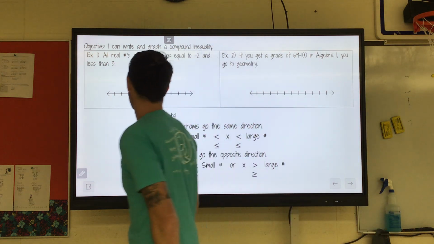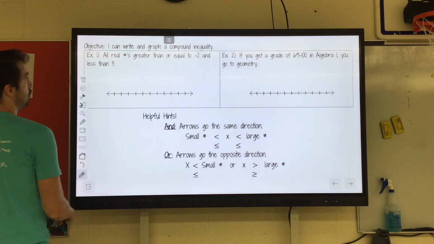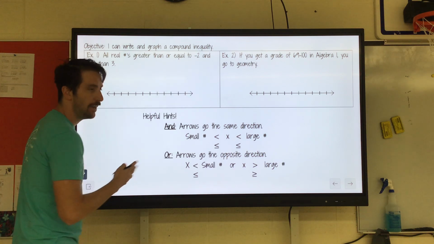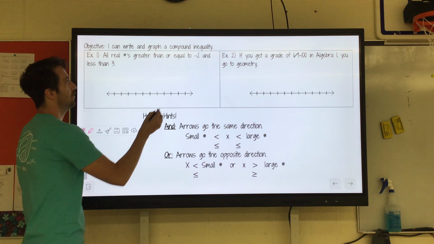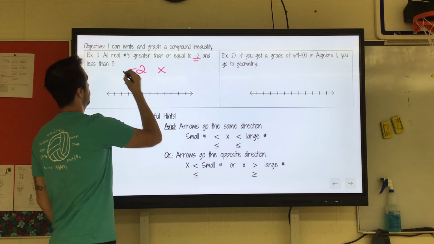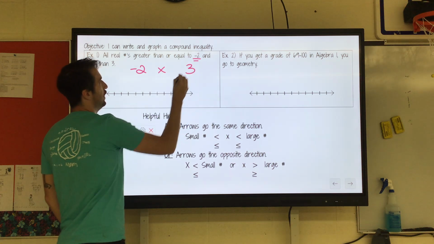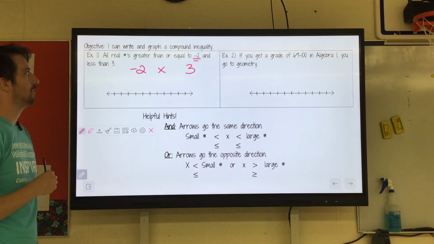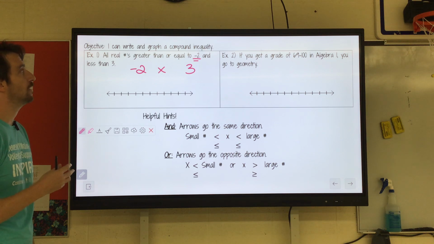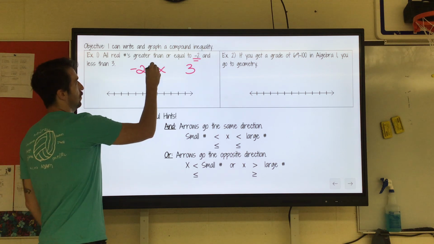All real numbers greater than or equal to -2 and less than 3. It's an and problem. So we're going to write the smaller number first, the -2. We're going to put our x in the middle, our large number here. And then we just have to make sure that our inequalities are facing the correct way. So greater than or equal to -2.